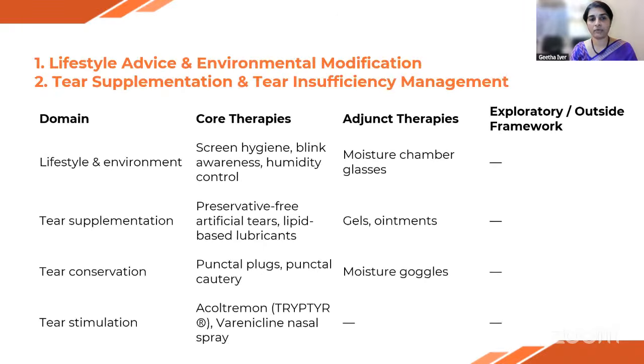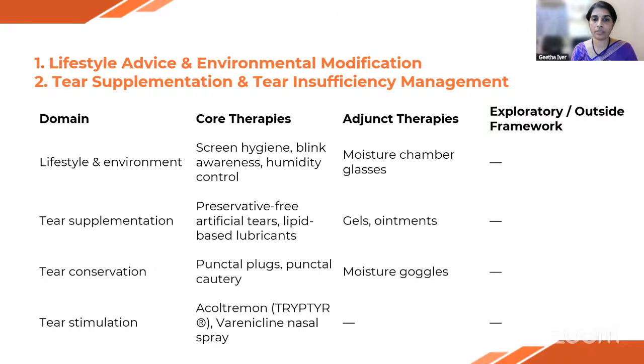So what I have done here is for each of these, here we've clubbed 2 of them in each slide, where we have tried to categorize the therapies into core therapies, adjunct therapies, and exploratory or outside the framework of DUCE-3. So most of the therapies that we already follow have been subcategorized as is shown here: preservative-free artificial tears, lipid-based lubricants, punctal plugs, screen hygiene.